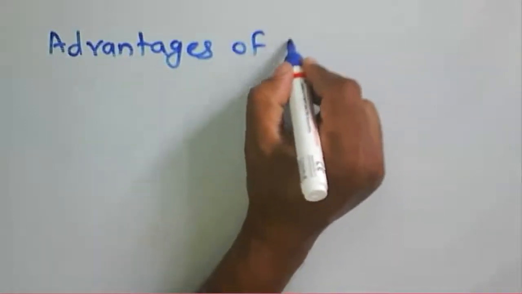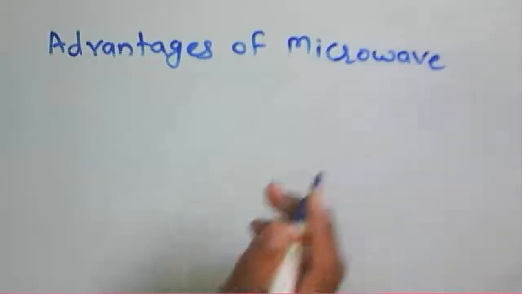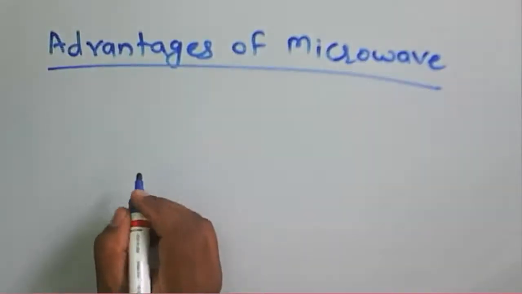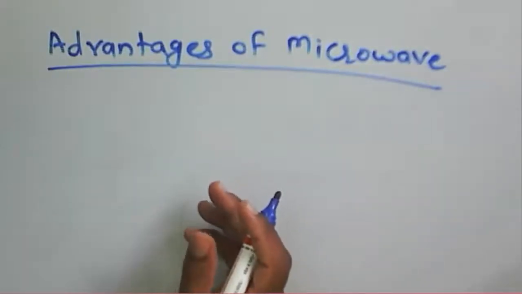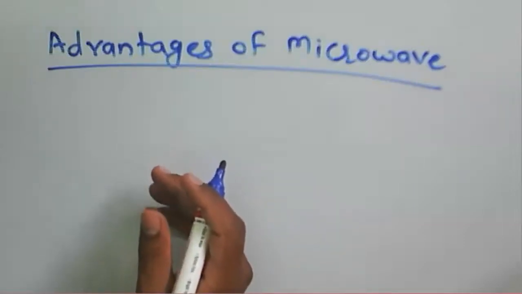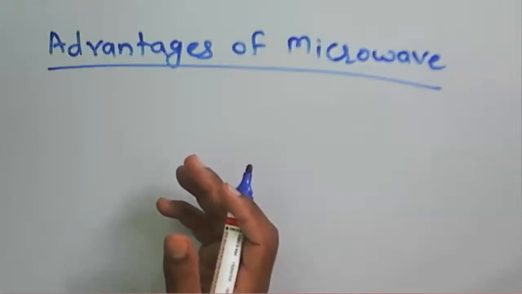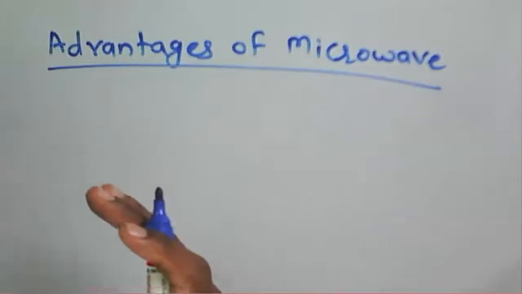Advantages of microwaves. What are the various advantages of microwaves? Now we have seen the characteristics of microwaves, and through those characteristics we say that it has a small antenna size, a small wavelength, and a large bandwidth.